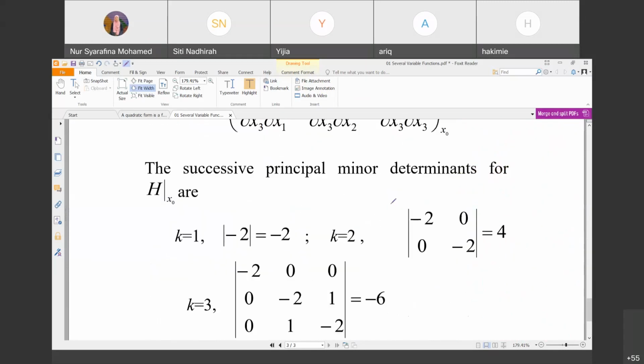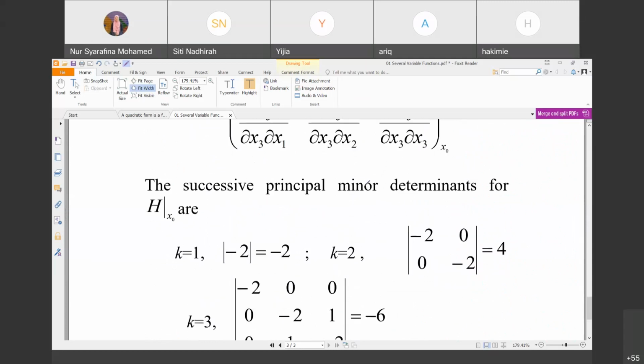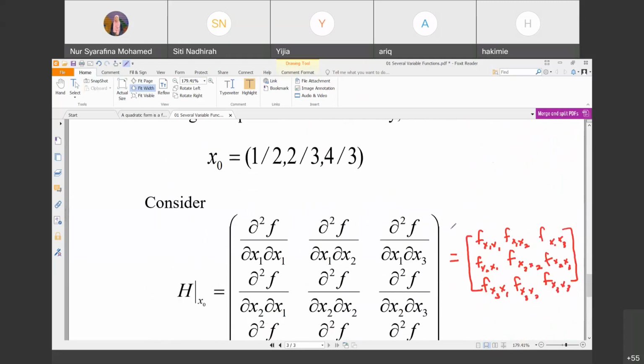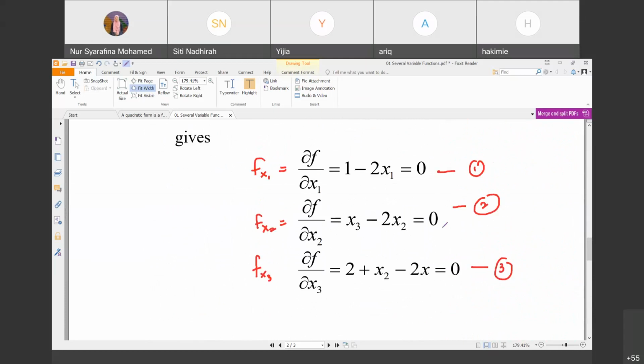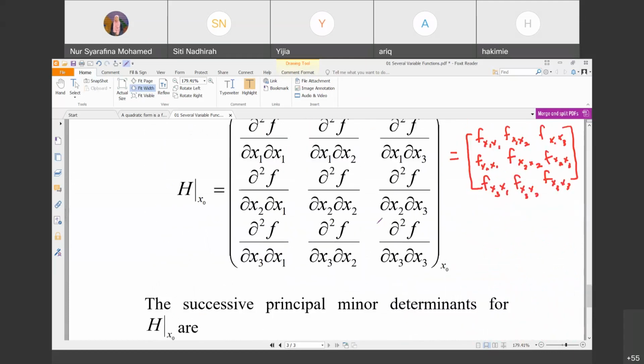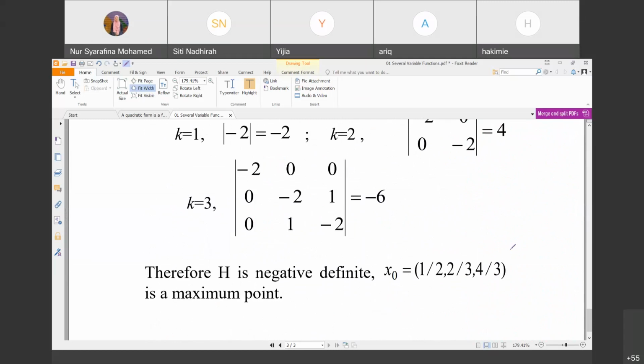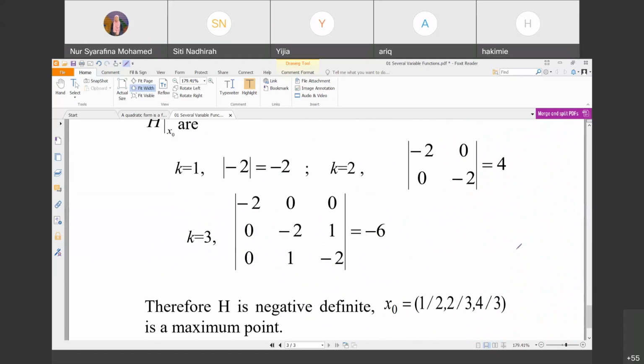Yes, fx1x1 is minus 2. And then the second part is fx1x2. So you differentiate fx2 with respect to x1. There is no x1 here, that's why it is 0. Can you try this? Try to form the Hessian matrix first. Do you know how to do it or not?